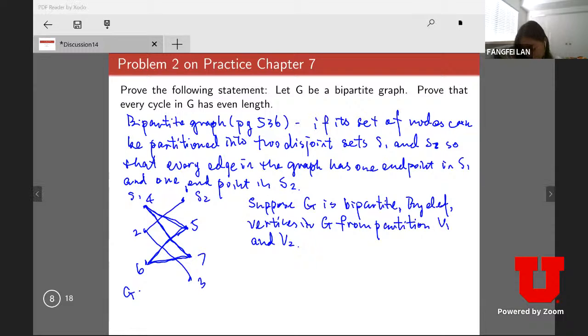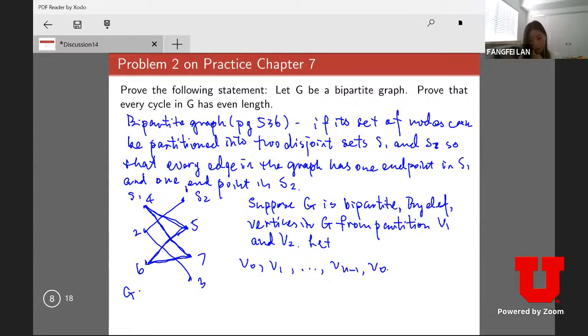Okay, so let's start with the cycle. Let V0, V1, ..., Vn minus 1, and go back to V0, be a cycle of length n.